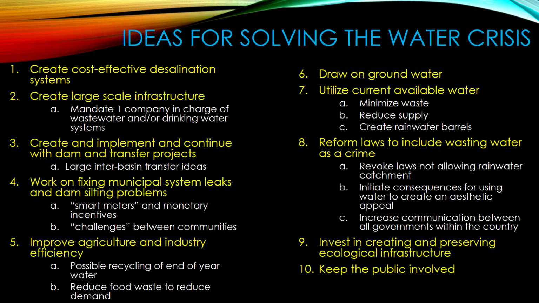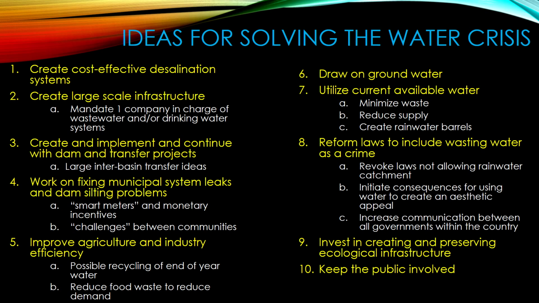Finally, the ideas for solving the water crisis in South Africa. One of the things is going to be looking into desalination. However, they've already said that they can't use it because it's too expensive. So one idea is to look into different ways of using salt water as a freshwater source for the country.